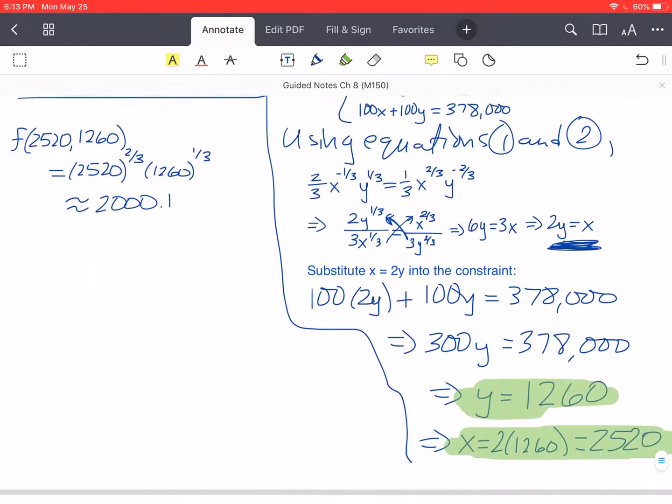Okay, so we would get a maximum production of about 2000, right? 2000.1 using this x value and that y value.